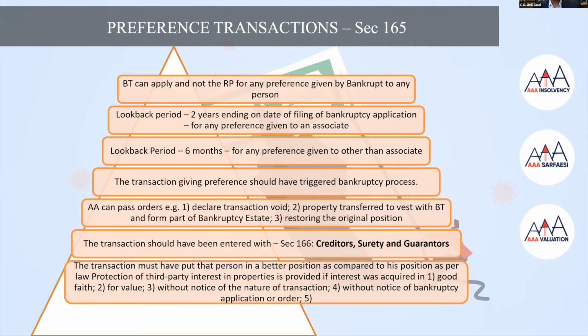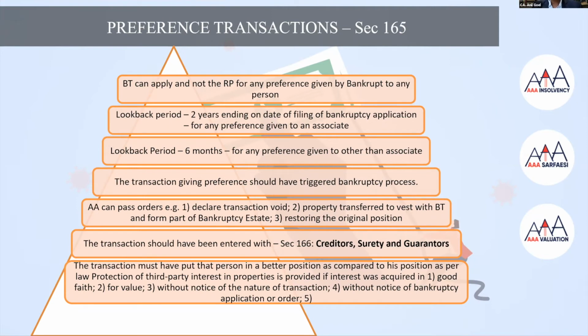Transaction giving preference should have triggered the bankruptcy process. The AA can pass the order and declare the transaction as void. Property transferred to vest with the bankruptcy trustee and form part of the bankruptcy estate, restoring the original position. Now, the transaction should have been entered with creditors, surety, or guarantors.